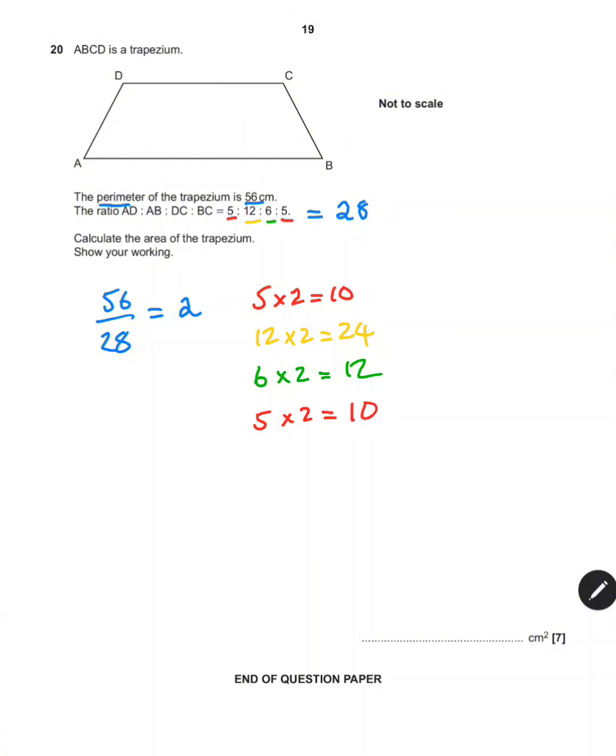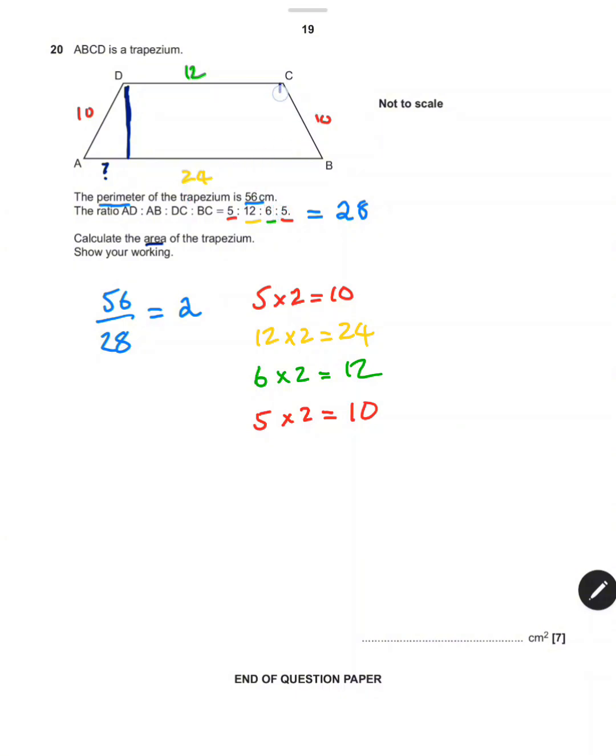So they're the side lengths of my trapezium. We're actually asked to find the area of the trapezium, and in order to find the area of a trapezium, you actually need this distance, the perpendicular height of the trapezium. So I'm going to try and figure out first what that measurement is there.